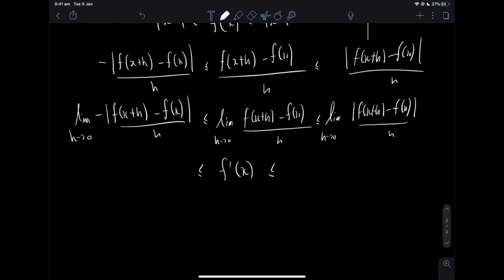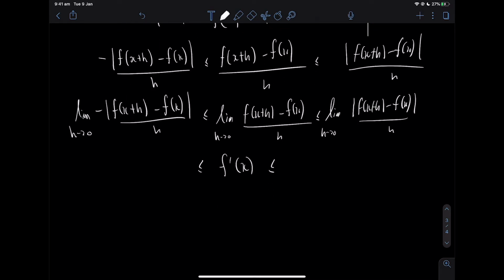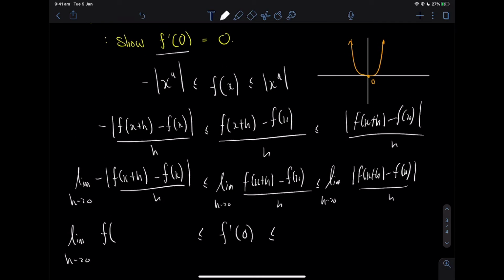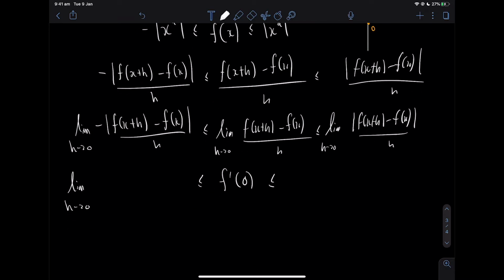Okay, so what we can do now is sub in our x equals 0 term, and let's write this whole thing out like that. So we can write our function in.